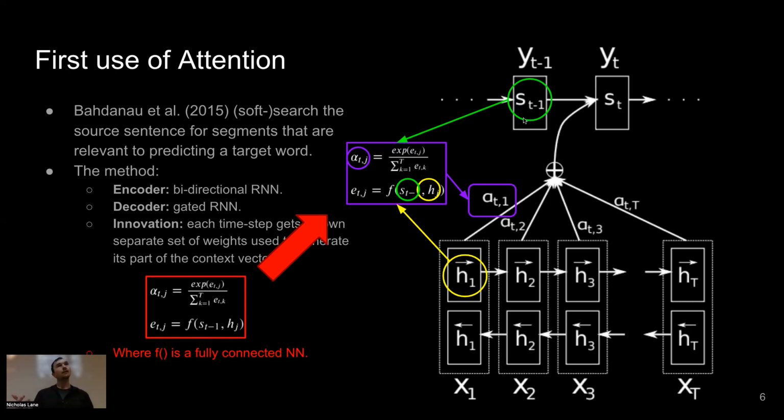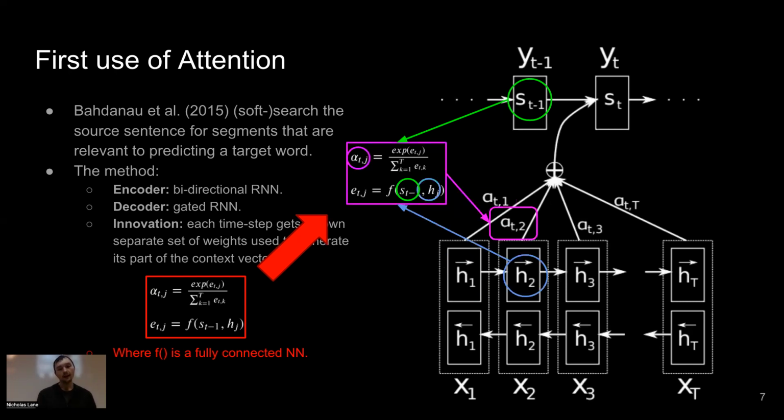So when it generates this context, it's going to be conditioned on the prior word, as well as the hidden state of not only the first word in the encoding, but all other words, because we see that to generate this context here, it's going to be comprised of a series of weights that are shown here as alphas. And so what's being illustrated here is the very first alpha that's saying, what is the weight of the first item in the encoding going to be for this particular context vector?